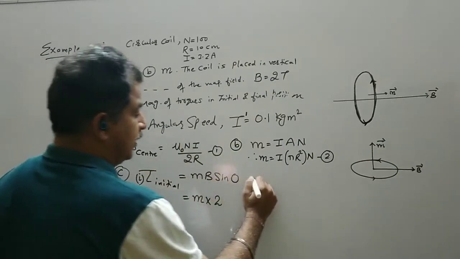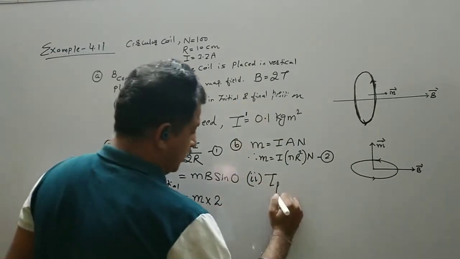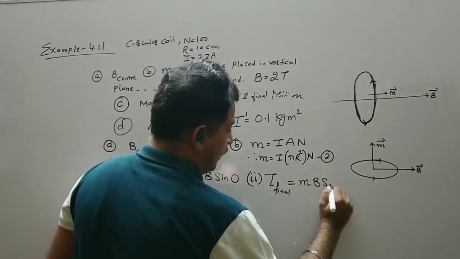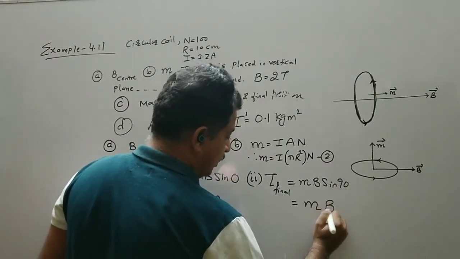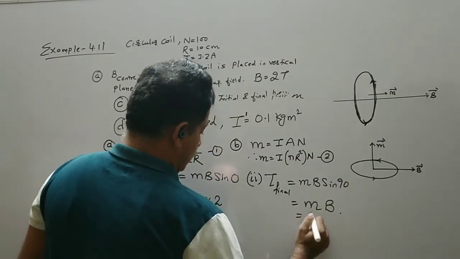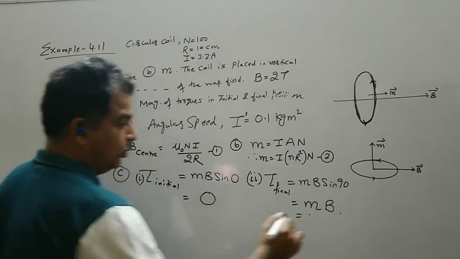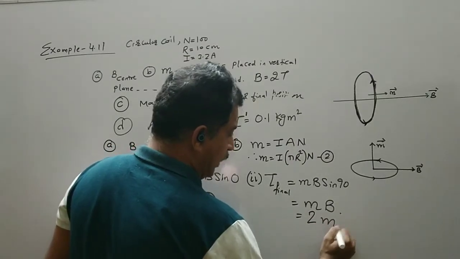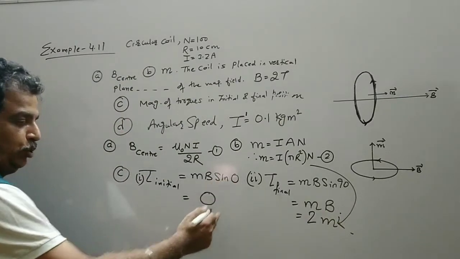Second part, we have to find out the torque in the final position. So torque in the final position is MB sine 90 degrees. Sine 90 is 1. So it becomes MB, sorry, here sine 0 is 0. So initially it is 0 and now B is 2. So it becomes 2M. You substitute this value. Do the correction here. Sine 0 is 0.